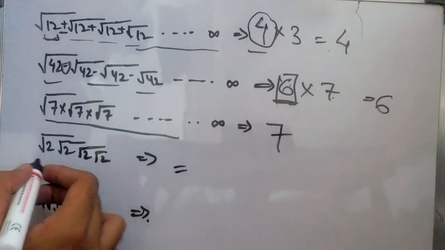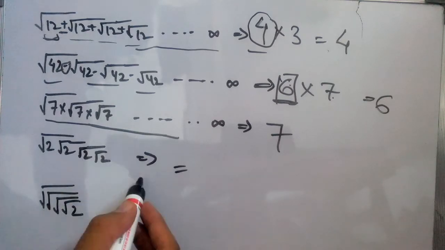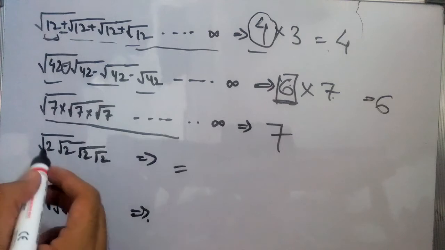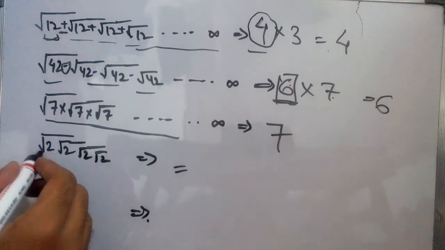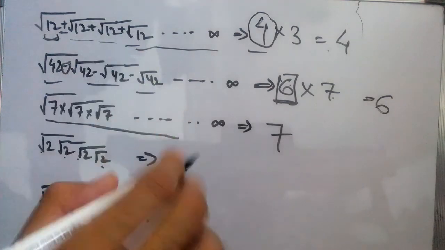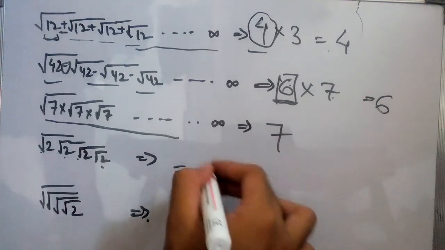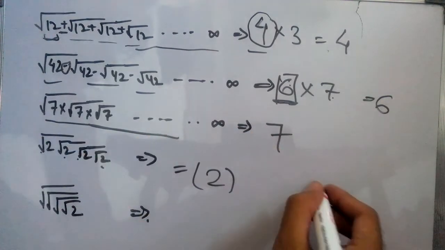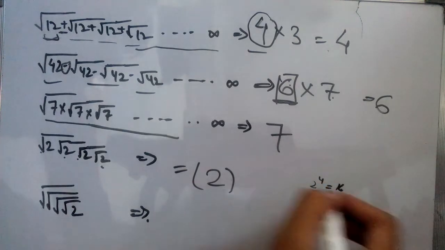Coming to this question, this question is not up to infinity. Here are root 2, root 2, root 2, root 2. The value for this question would be: 1, 2, 3, 4, there are a total of 4 roots. So 2 to the power 4 is 16.